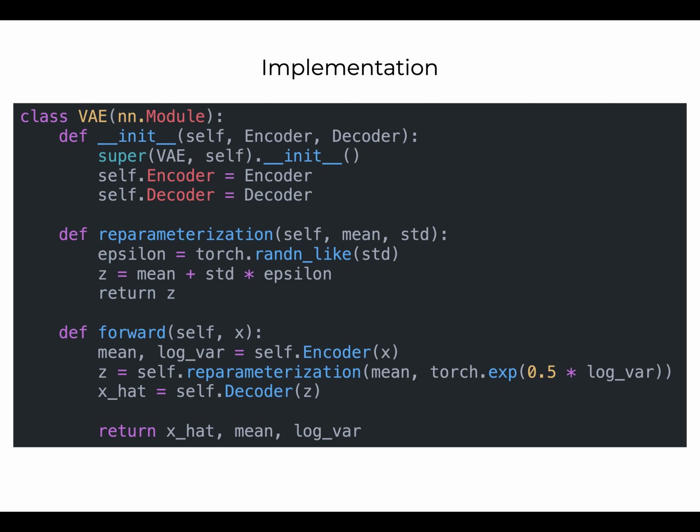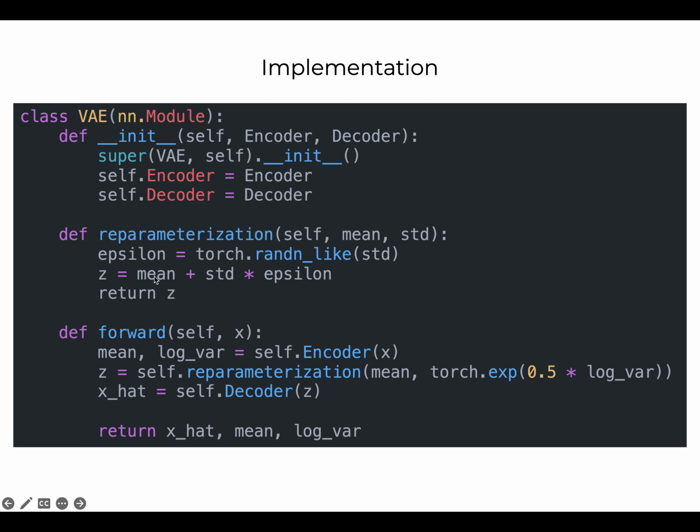So if this all sounds a bit complicated and strange, I wanted to show an implementation to show really how straightforward this is. So here's a sketch of implementing a variational autoencoder in PyTorch. You would initialize it by giving it whatever your encoder and decoder models are.